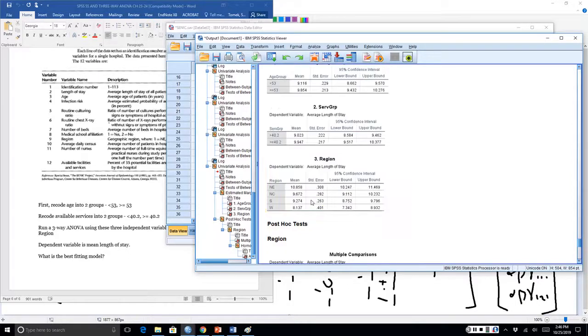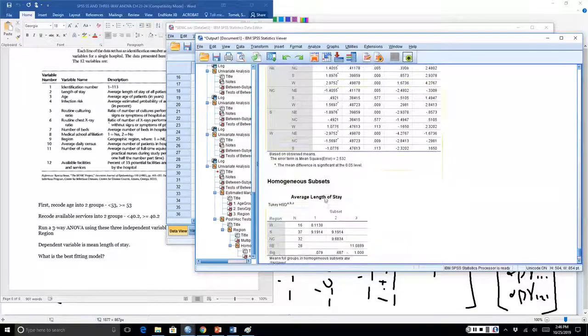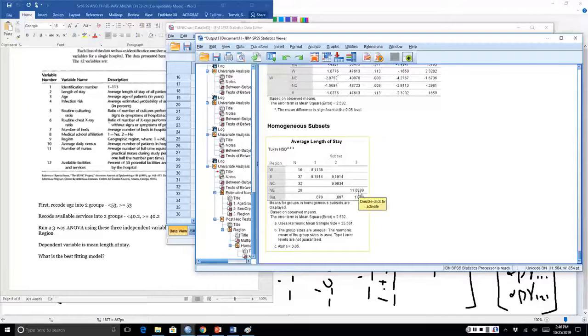And the region, there are significant differences as well. So let's go to the post hoc, and you see that the longest length of stay is in the Northeast. West and South are both tied with the lowest. West is significantly lower than the North Central and the East. South and North Central do not significantly differ from each other.